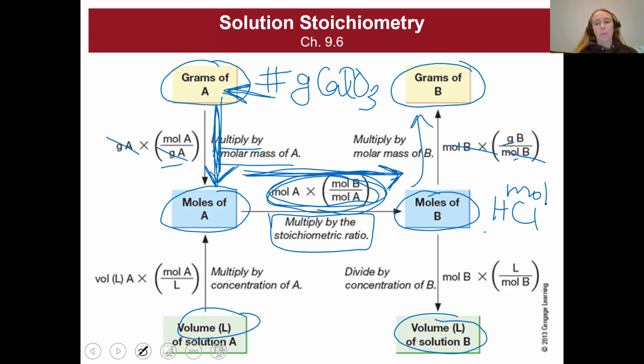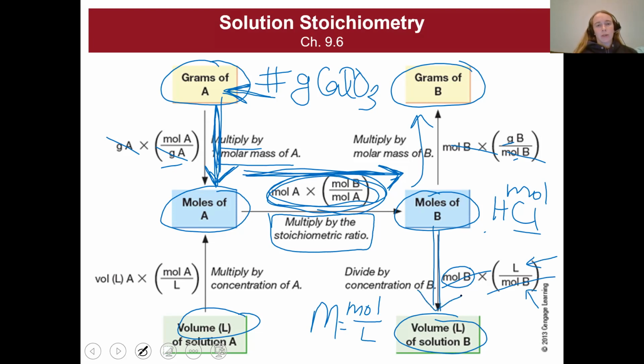So we're going to divide by concentration. So moles of something, moles of B or moles of HCl, divided by the concentration, divided by molarity. So M is moles per liter. So if we divide by it, we're going to have liters over moles. Moles cancel out, and we end up with a volume in liters. If we need to convert it to milliliters, we can, but we got our volume.